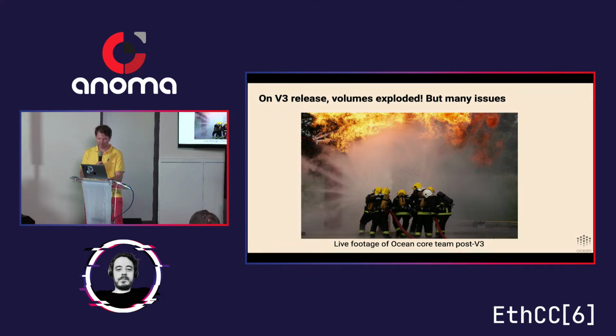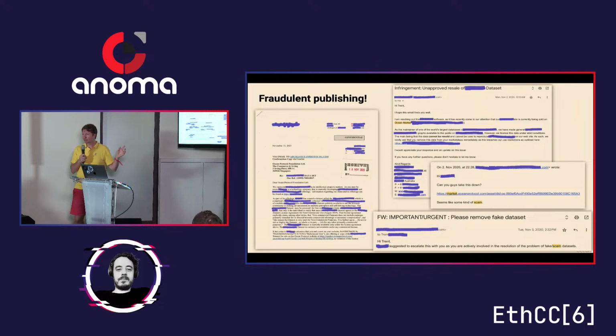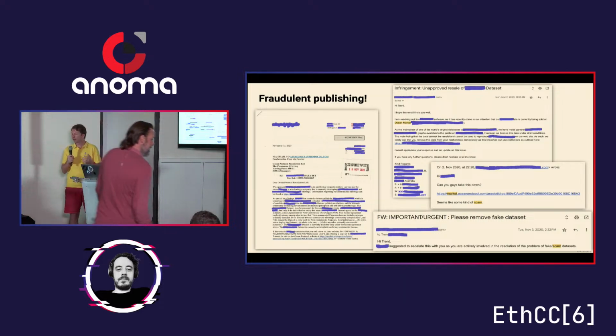So the first one was fraudulent publishing. And we expected this. I mentioned we were doing NFTs on Bitcoin in 2013, 2014. So we thought about this a lot, and we realized this is a problem that even Web 2 has, and Web 2 has paths for this.